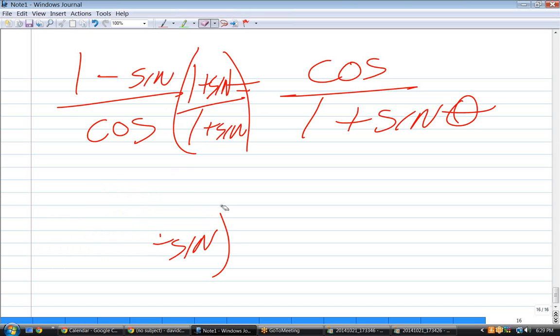It not only turns the numerator into 1 minus sine squared, which can be replaced by cosine squared, but we're looking at a cosine in the denominator. So I know I'm going to be able to make a real simplification by doing that. I'm going to end up with cosine squared in the numerator and a cosine in the denominator, and I'll be able to cancel, which I did, turning the numerator into cosine.